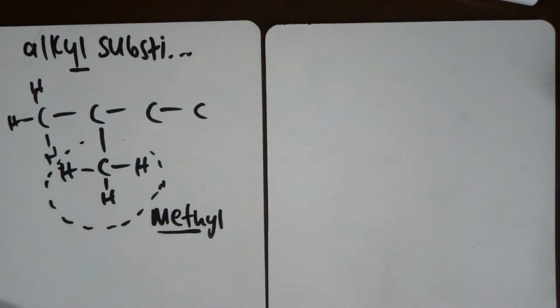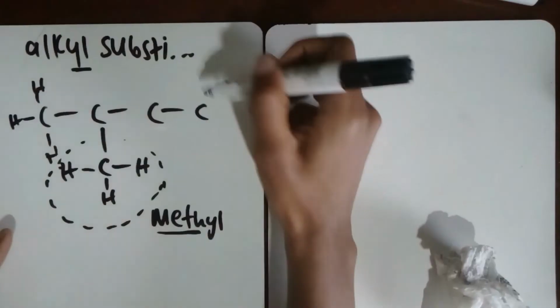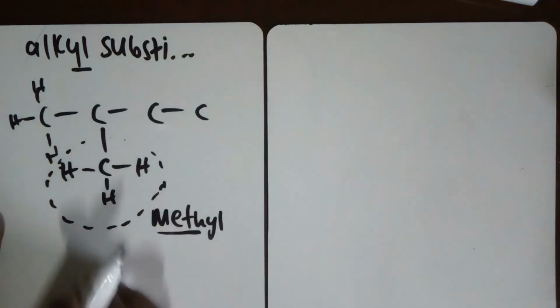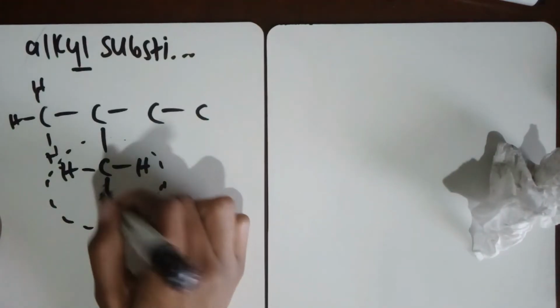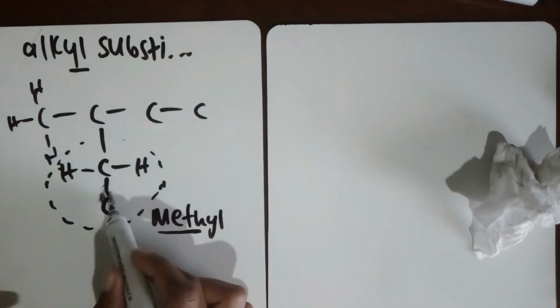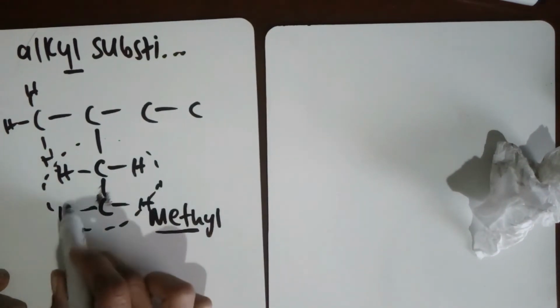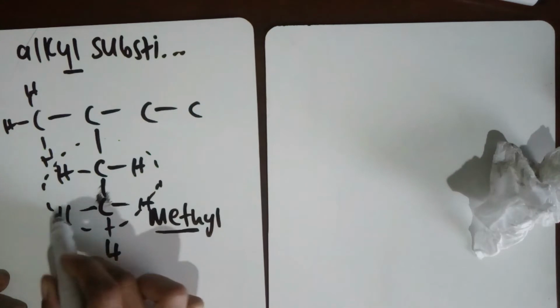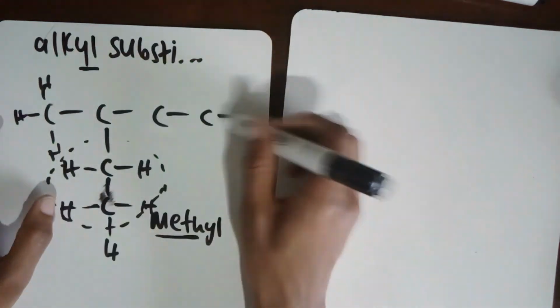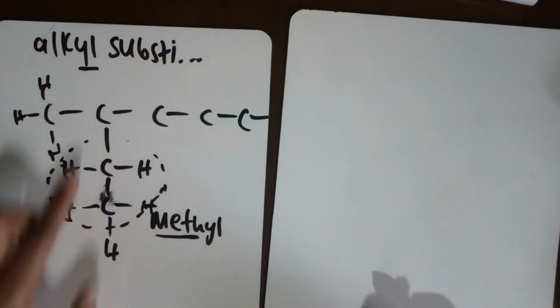If this substituent somehow had two carbon atoms, so it's almost as if it forms a sort of side chain, so we have our main chain, and then we have this side chain as well.